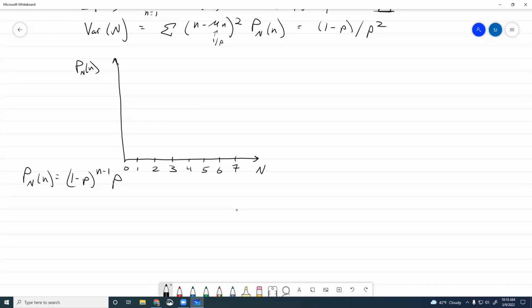If we plug in 1, we get (1 minus P) to the 0 times P, so we just get P. And if we do 2, we get (1 minus P) to the 1 times P. I won't factor that out, but I'll just say this is (1 minus P) times P.